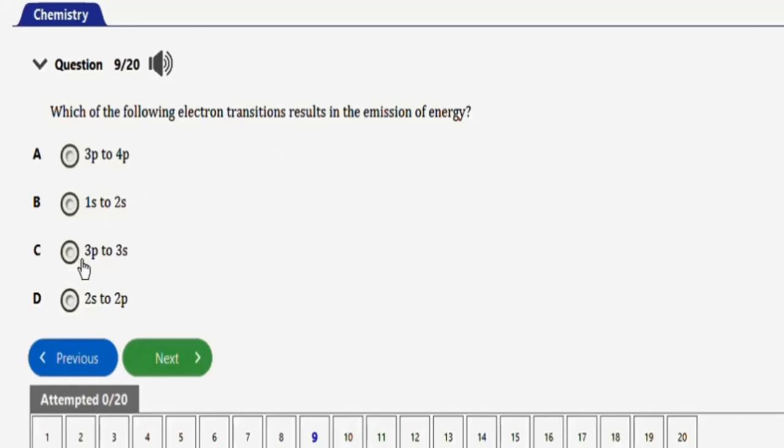So the right option here would be option C, which is 3p to 3s. So you're going from the higher orbital to the lower orbital, from 3p to 3s. Okay, so that's it for this question. Emission of energy occurs when there is a transition from a higher orbital to lower orbital. Okay, which is option C here.